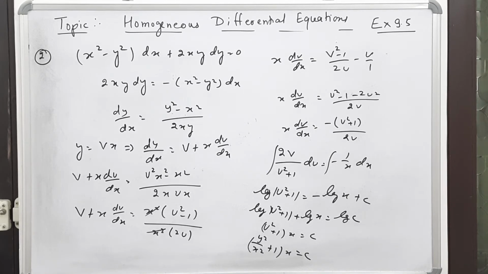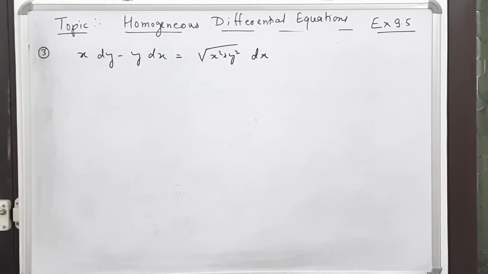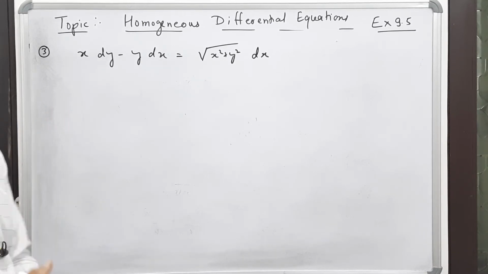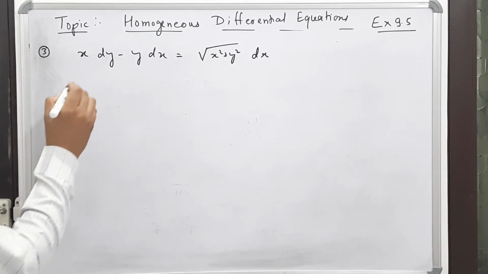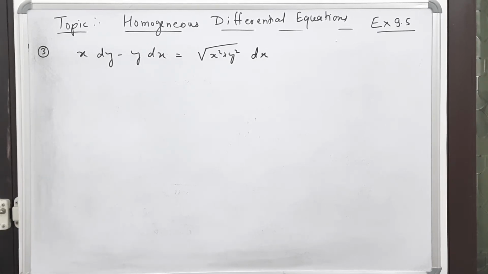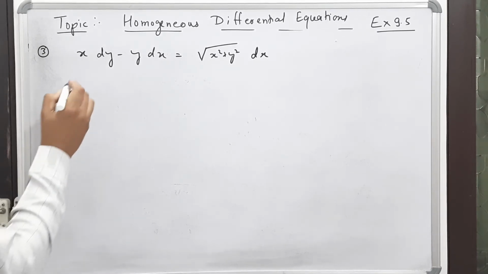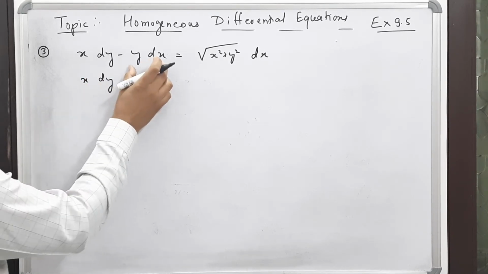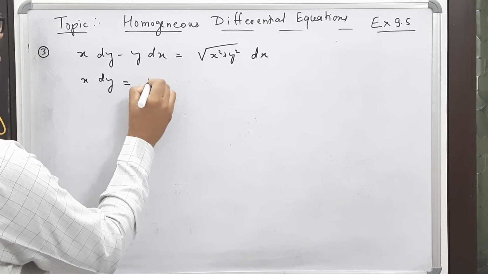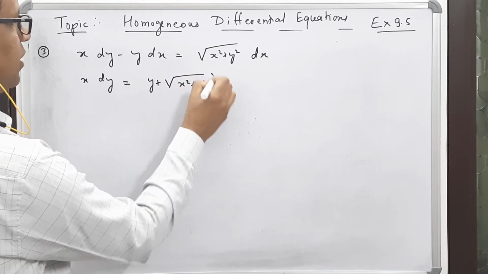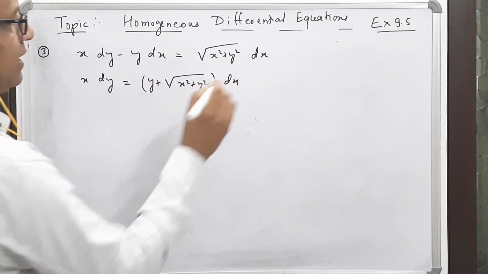I am taking one more problem. Please see. Yes, dear students, you see this problem. We can write this problem as x dy equals, take this term to that side, so it is y plus root x square plus y square dx.